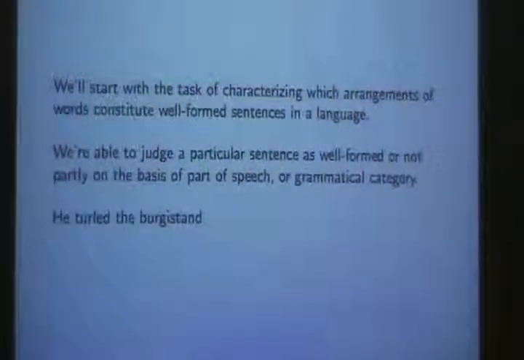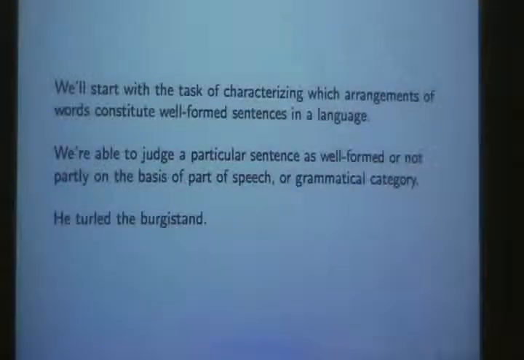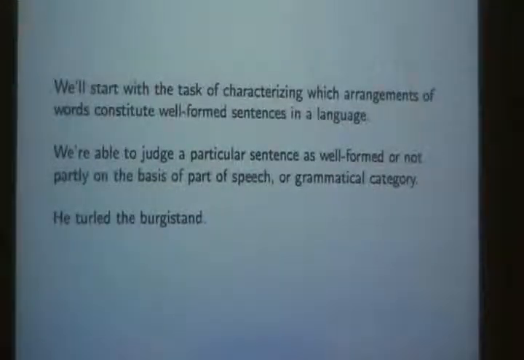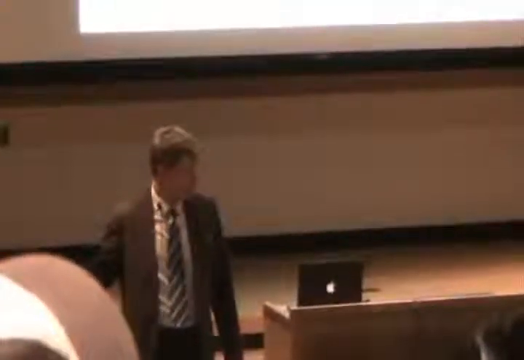And I can show this to you by simply asking you, is this a sentence in English? Of course, you have to remember what I taught you in this class. So, what did I teach you? What does turl mean? Right? Okay. And do you remember turl? What does turl mean?